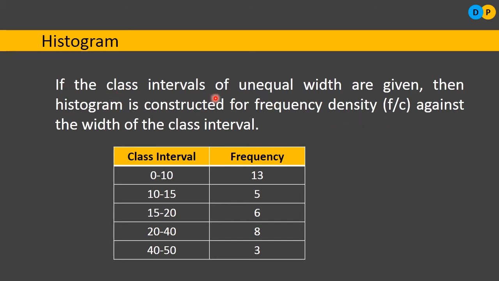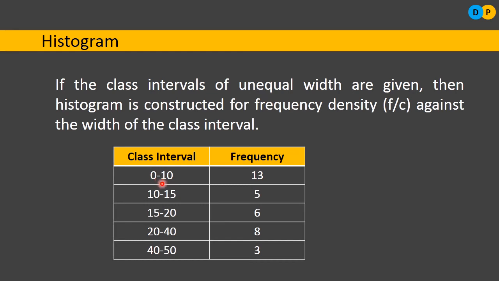So if class intervals of unequal width are given, then the histogram is constructed for frequency density against the width of the class interval. Nothing but how you are going to consider the height of each rectangular bar: height will be considered against the frequency density, not against frequency. And what about the width of each rectangular bar? Width will be proportional to the class width.